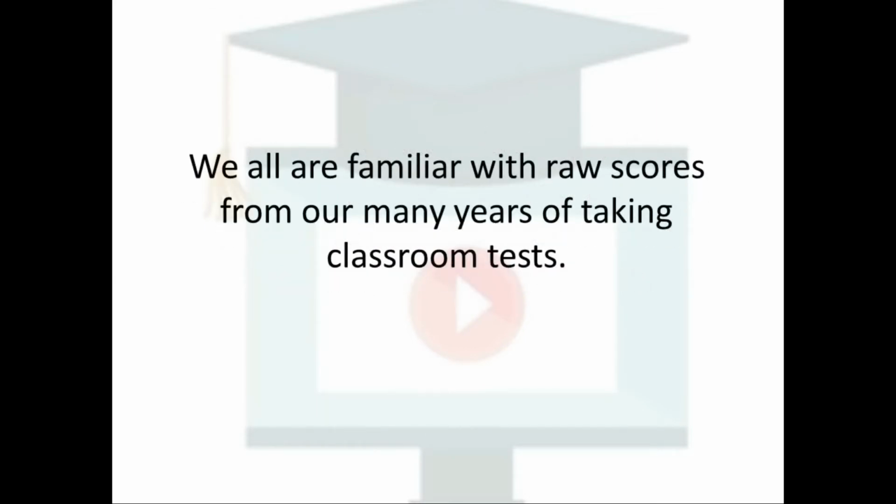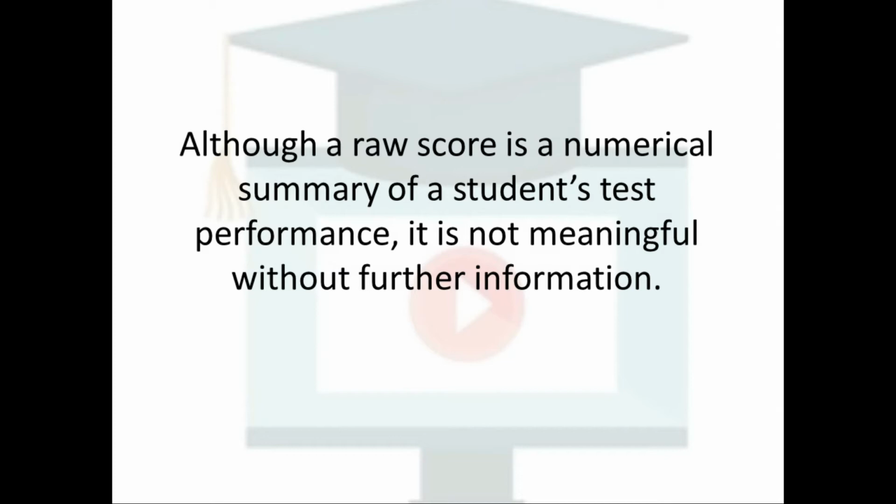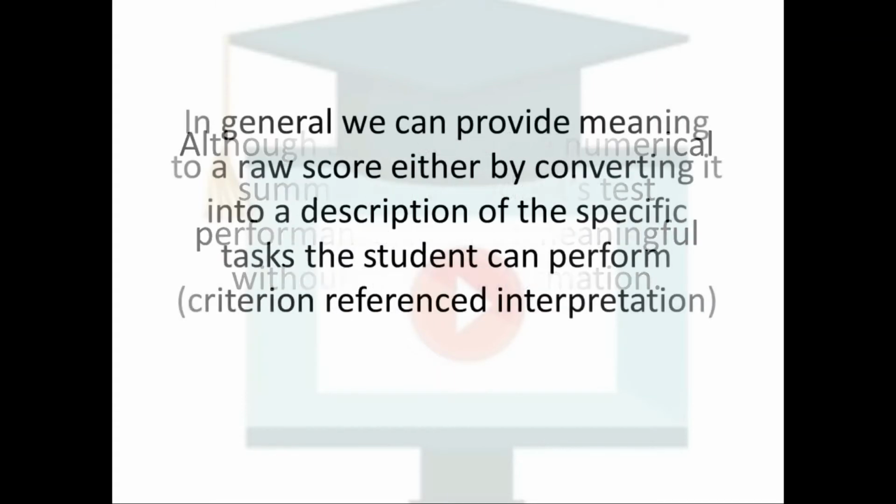We all are familiar with raw scores from our many years of taking classroom tests. Although a raw score is a numerical summary of a student's test performance, it is not meaningful without further information.